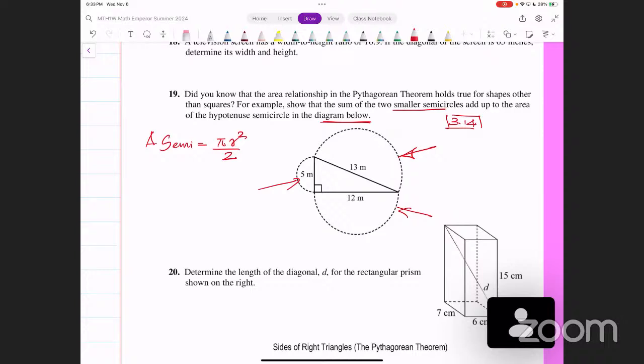All right, I'm going back to Shreya now. Shreya, what did you get for the 5? 39.25 meters. 39 point how much? 39.25. Okay, so you got 39.25.